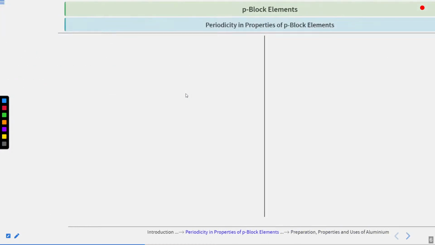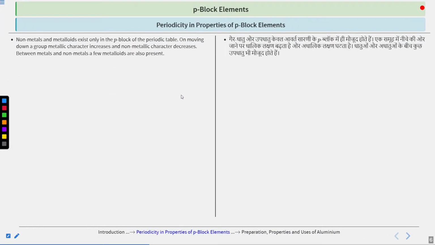Moving on further, non-metals and metalloids exist only in the p block of the periodic table. On moving down a group, metallic character increases and non-metallic character decreases. What is the meaning of this? Non-metals and metalloids exist only in the p block.